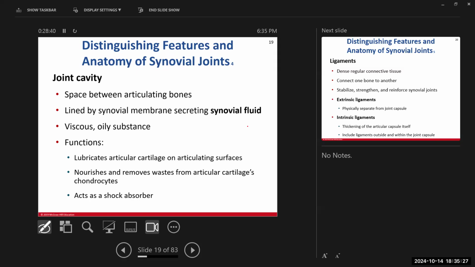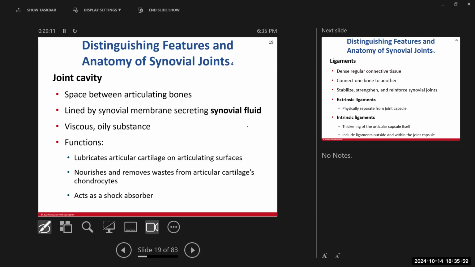And like I said, that mature cartilage is avascular, it does not have a blood supply, so the synovial fluid is going to help provide some of those nutrient components, and it helps to take away waste products from those cells. So it's kind of a nice little system, this little ecosystem inside of our joints. Well, specifically inside of our synovial joints.